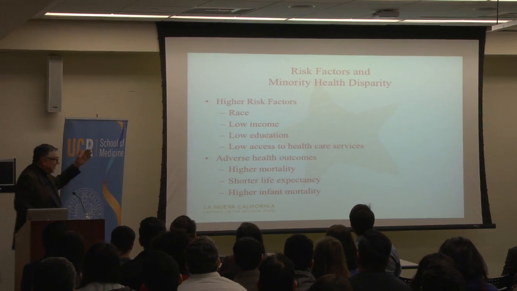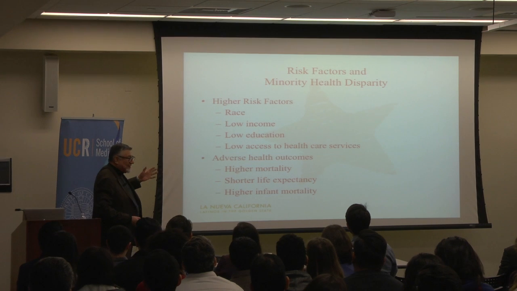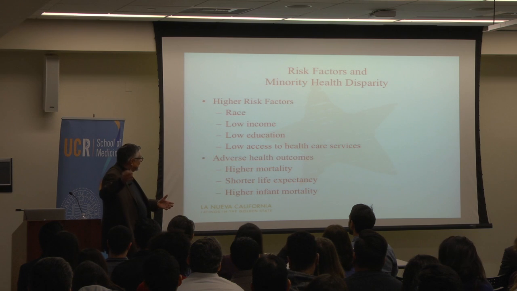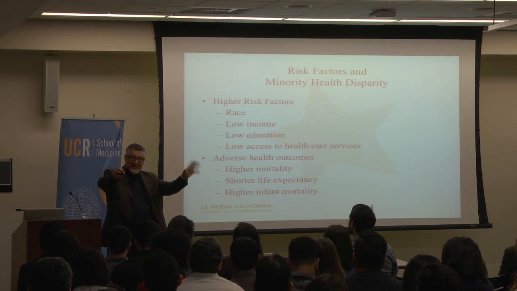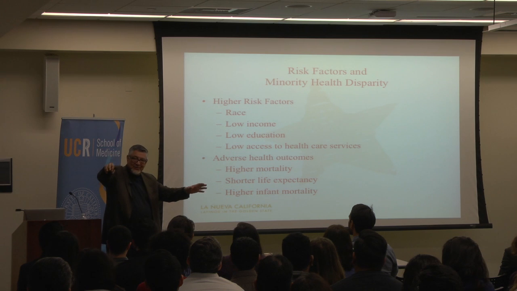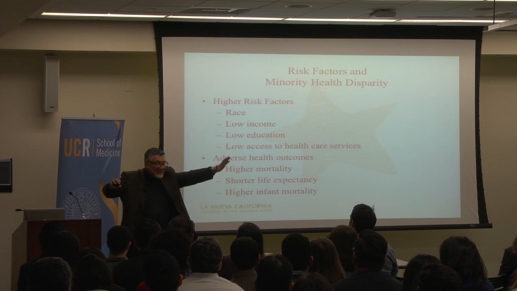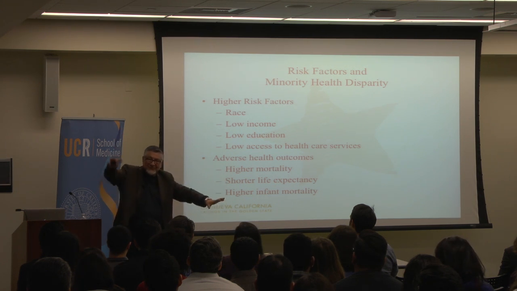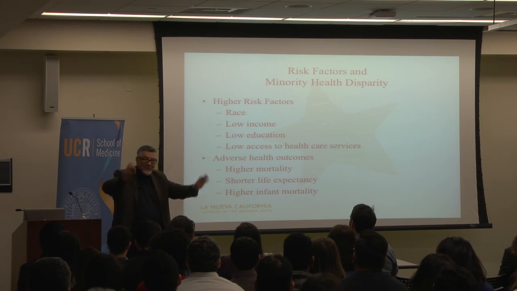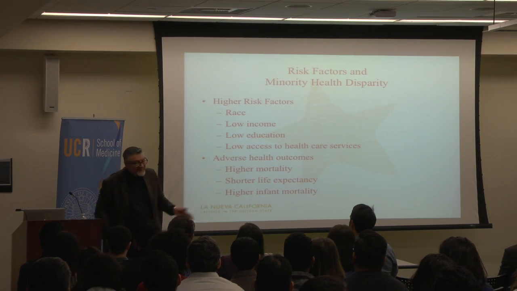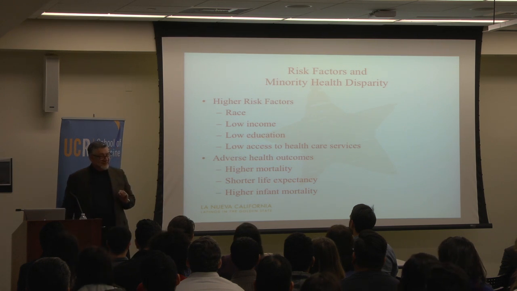And this is based on the risk factor model that if we're going to compare two populations in terms of race, low income, education, low access to care, let's say population A and B. A is racially non-white, low income, low education, low access to care. Population B is white, high income, high education, etc. Then population A will show higher incidence of adverse health outcomes, earlier mortality, more heart, more cancer, more stroke, higher infant mortality, more low birth weight babies, etc., etc. Sounds familiar, right? Well, let's test it.